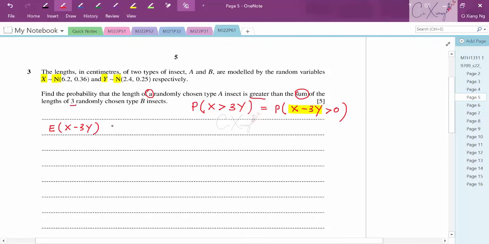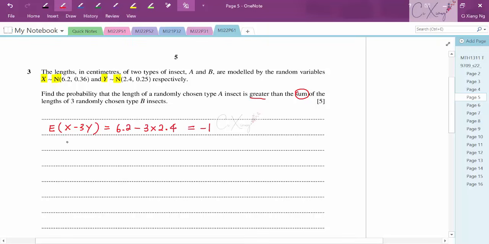So to calculate the mean for x minus 3y, you take the mean for x, which is 6.2, minus, you just copy the minus, 3, you just copy the 3 times the mean of y. So the mean of y is 2.4. Okay, so if you try to get the answer for this part, the mean should be equal to -1.